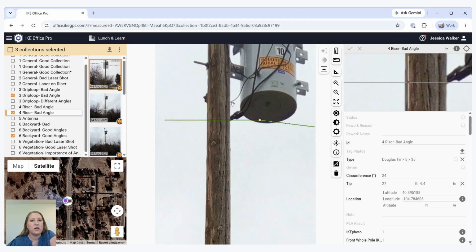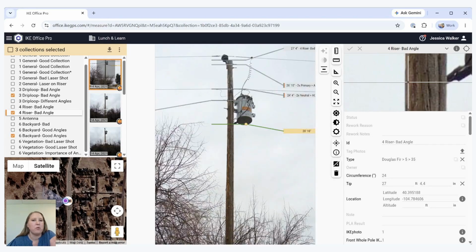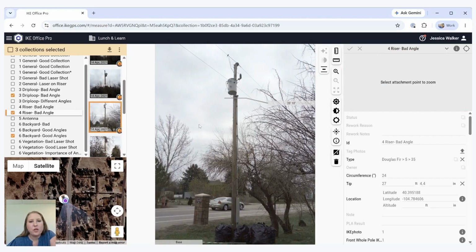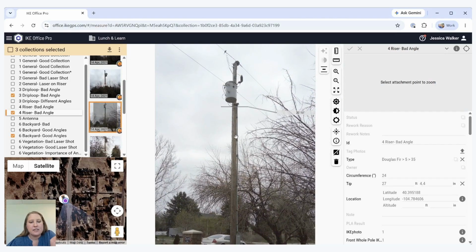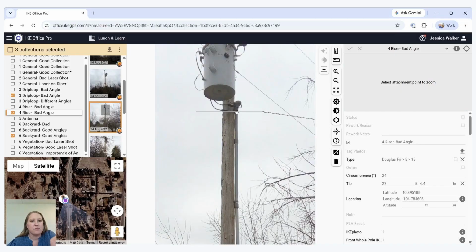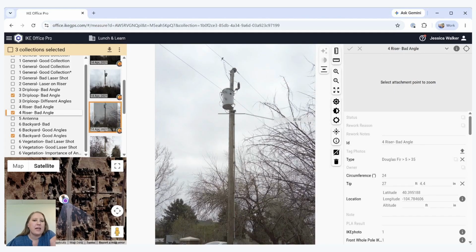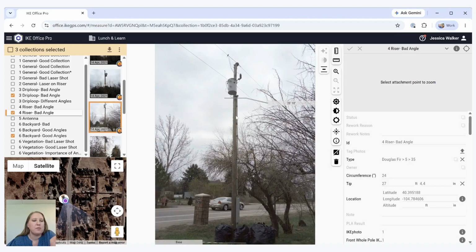So in this one, we've identified the low power as the transformer drip loop. But if we come around to the back side of the pole, we can see that there's a riser here. The riser is attached higher than this drip loop, but we need to make sure that we take this into account during our analysis. And this is just an example of something that's really easy to miss if you don't have the right angles.